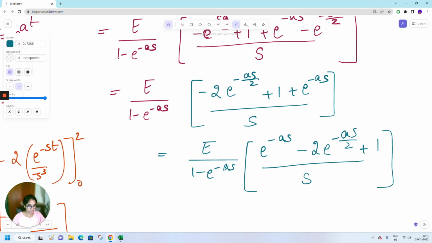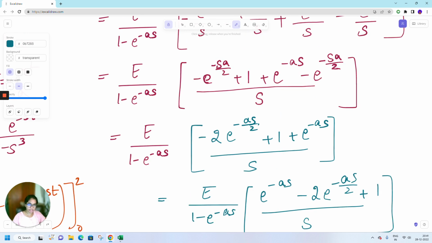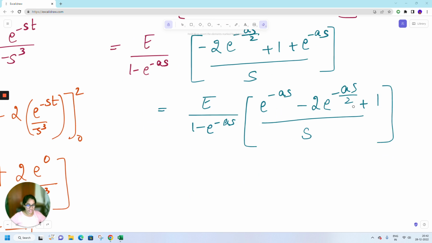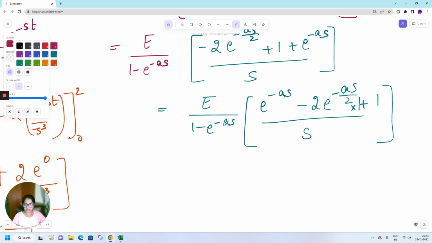In the numerator, do we have a square plus b square plus 2ab formula? So yes, I have a square minus 2a. Can I write this as b? Yes. Can I write this as into 1? So in place of b, I have 1 here. Yes. See, we have a square. Yeah. We have a square minus 2ab plus b square.